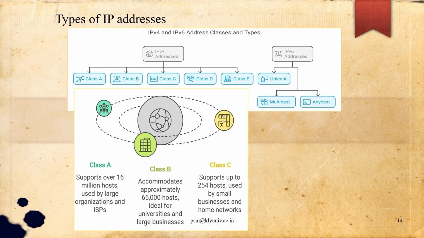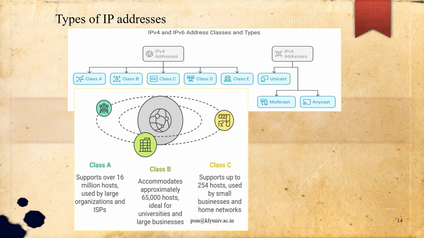So normally for an intranet, a small local area network, we use class C. For a medium-sized organization like a university campus, we use class B, and bigger organizations like network service providers such as BSNL or other commercial agencies follow class A IP addresses so that they can accommodate many computers.